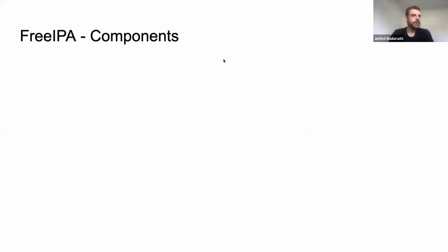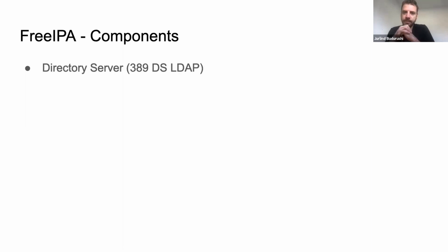So let's start with the components first. FreeIPA is kind of a modularly built project that includes a number of different components. Starting with a directory service, which is the 389 Directory Service, an LDAP server.